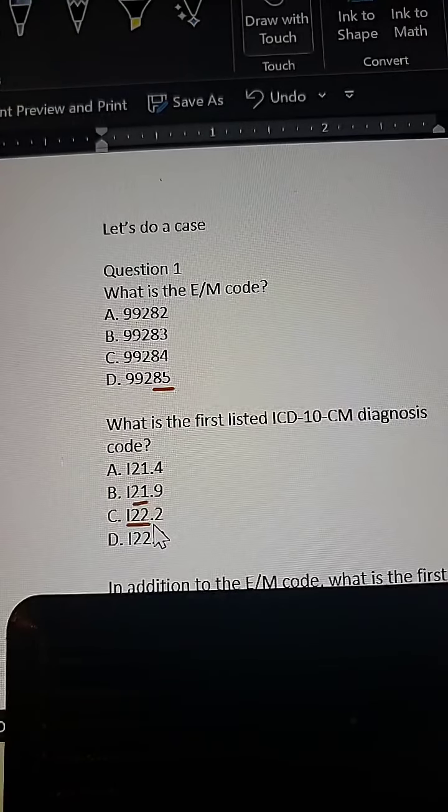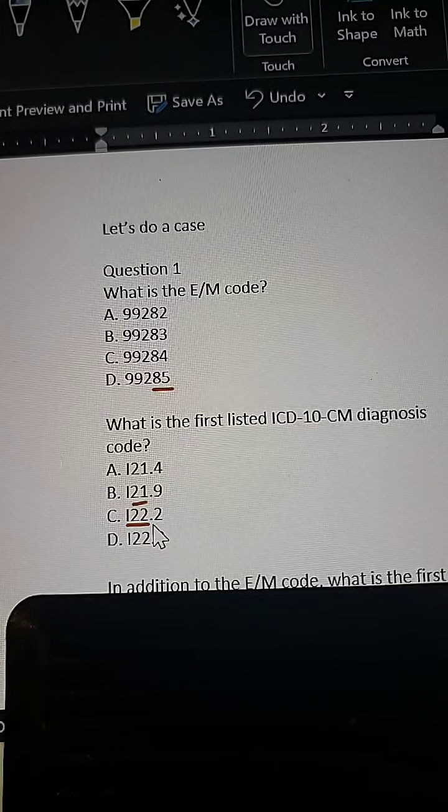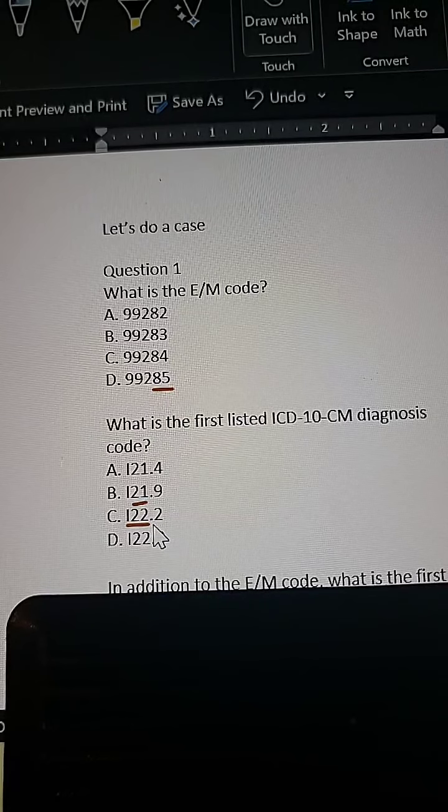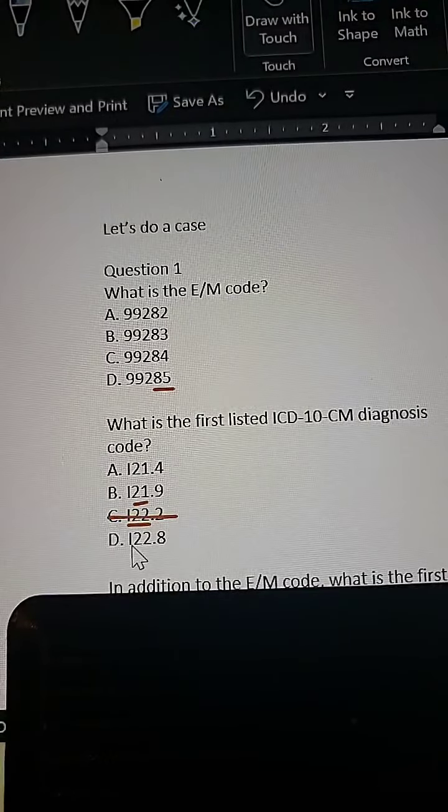I wish I'd have done this when I was taking the exam. So our I21 is the acute MI, and our I22 header is under subsequent. So we're definitely going to stay in the I21s, right?